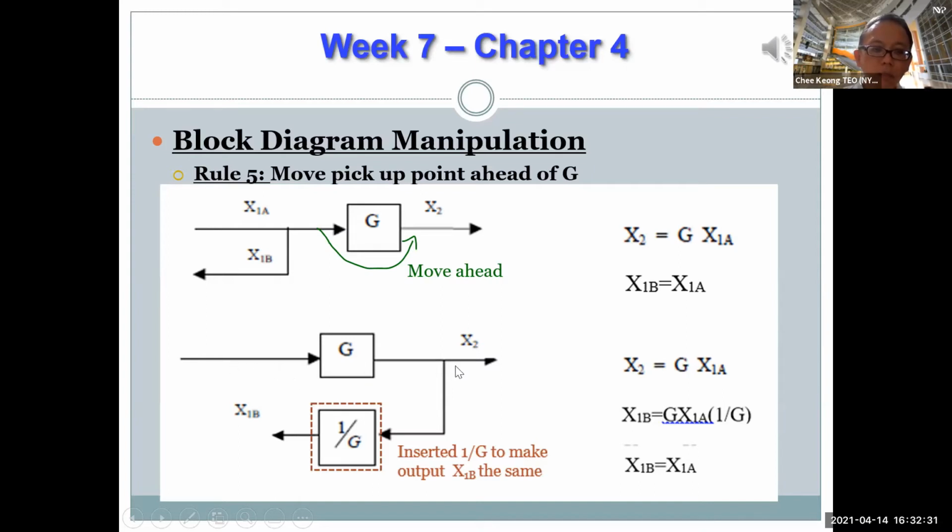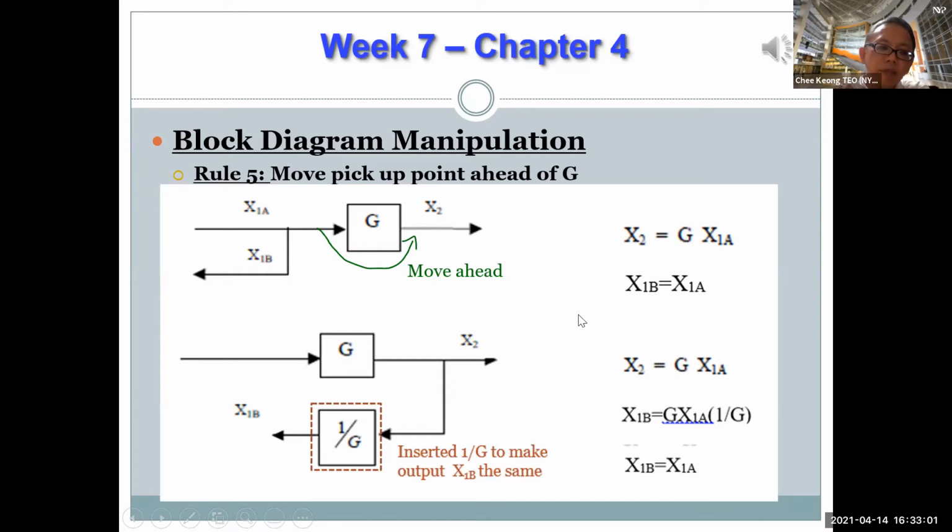X2 remains the same because X2 will still be X1a multiplied by G. But X1b will be slightly different because you experience a gain here. So if you don't multiply by the 1 over G, you have extra gain, right? So that's why the 1 over G is inserted, and then if you insert this 1 over G, you cancel out each other. So therefore, it's still maintained as X1a. So that's the reason why we insert 1 over G here, right?